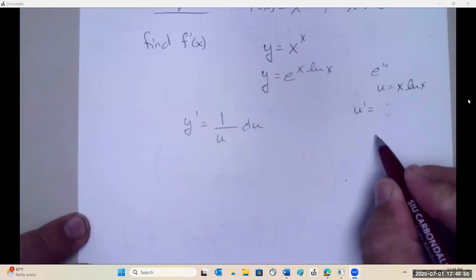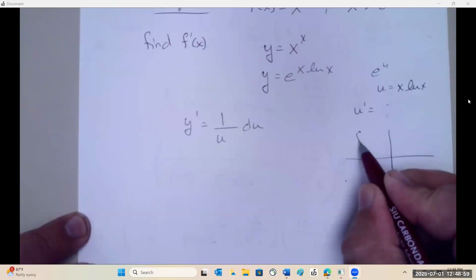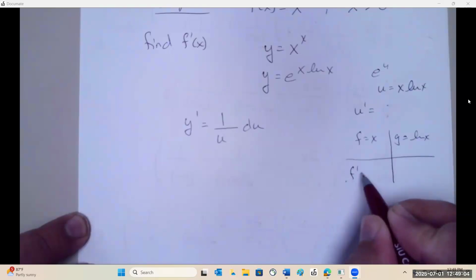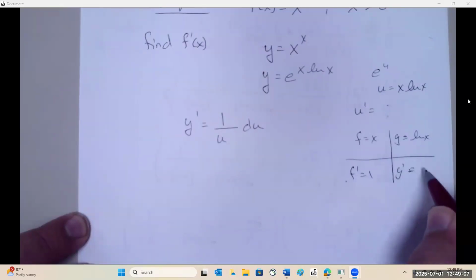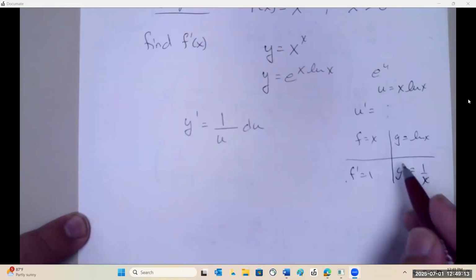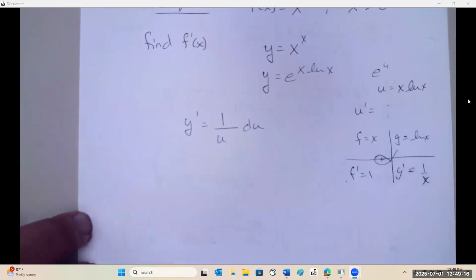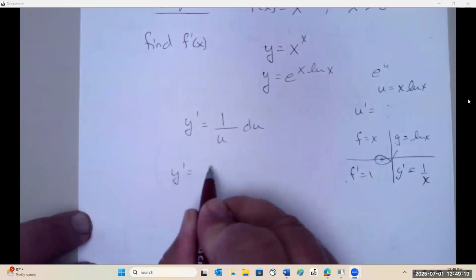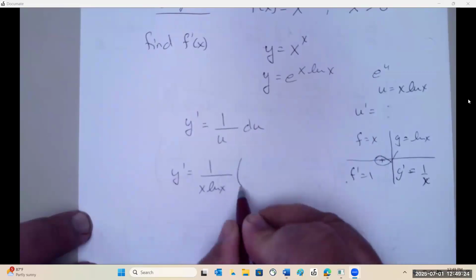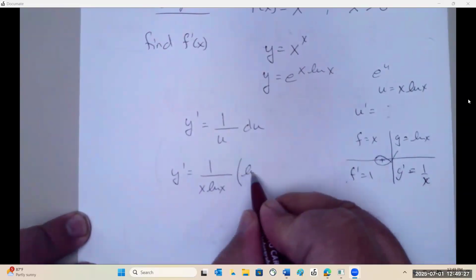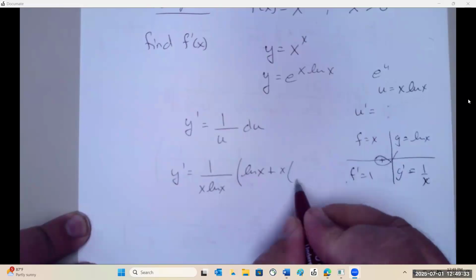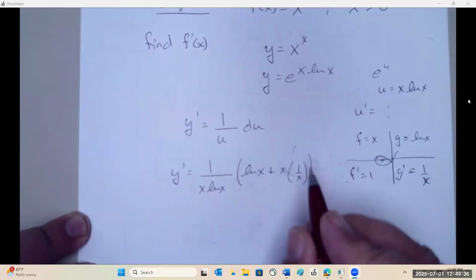I've got to use the product rule. f is x, g is ln x, f prime is 1, g prime is 1 over x. So my first derivative is e to the u times ln x plus x times 1 over x, which becomes 1.